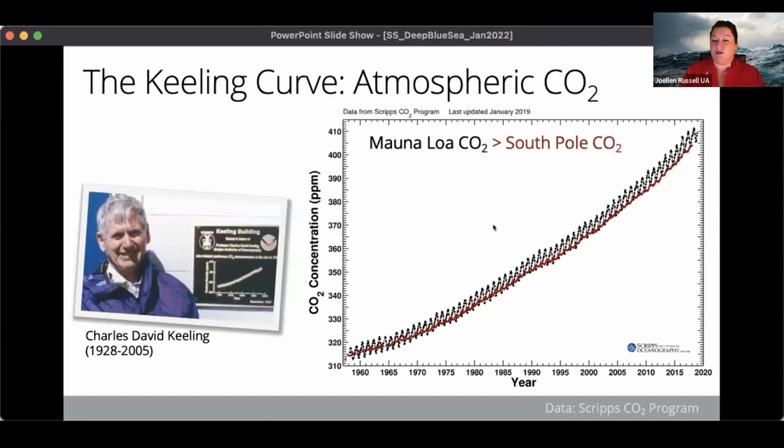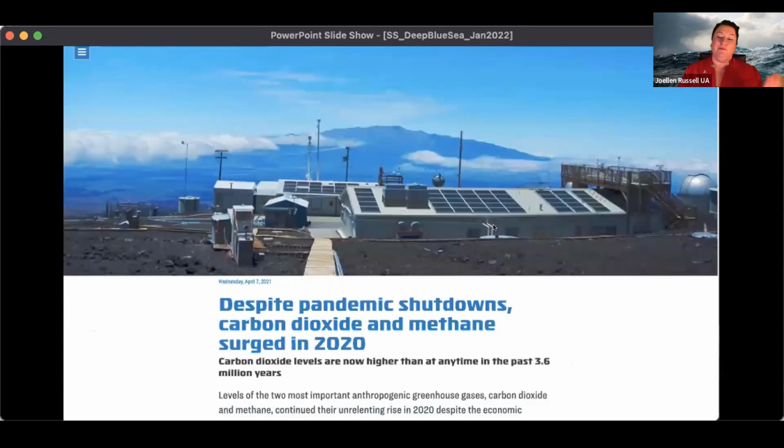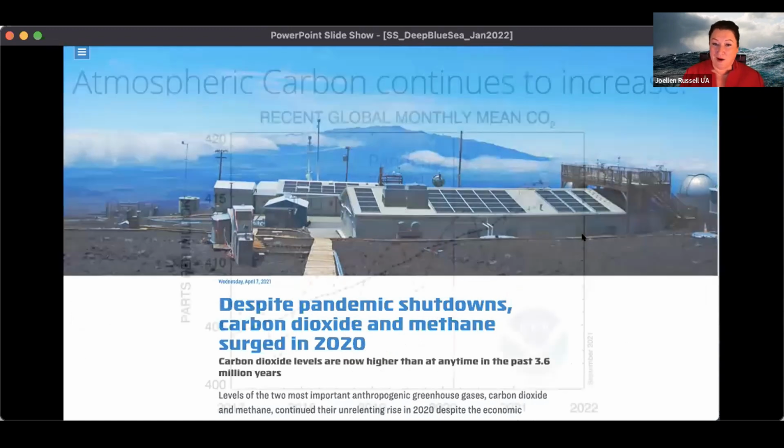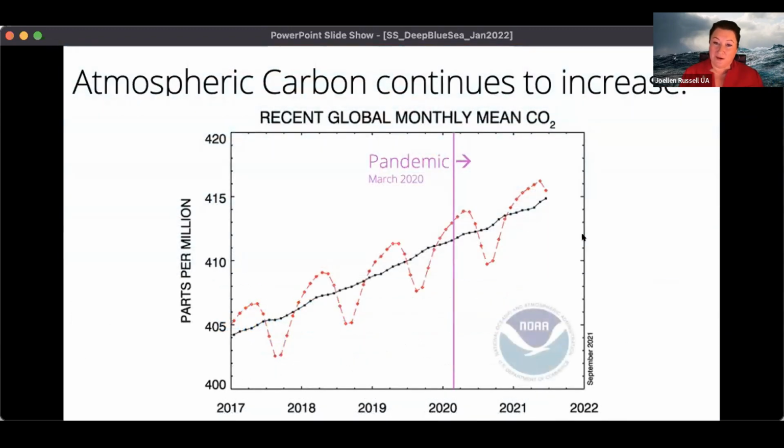So I just wanted to show you this because, in case anybody wonders, despite all the shutdowns, CO2 kept increasing because it's not the only carbon cycle component. There are others that kicked in, natural carbon that was released to the atmosphere. And I'll give you 10 points of extra credit if you can guess what the two sources were.